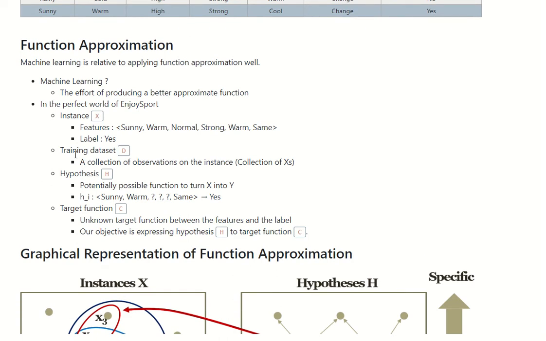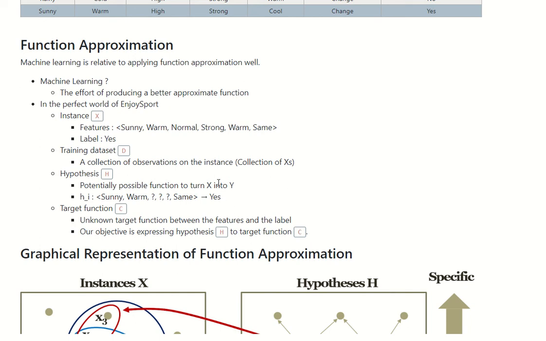Next, what is the training data set D? The training data set D is a collection of observations on the instance, a collection of x's. And hypothesis H is a potentially possible function to turn x into y.